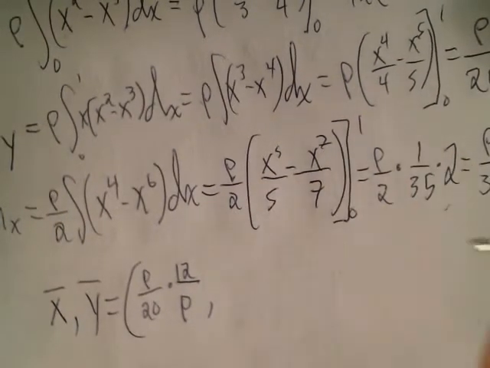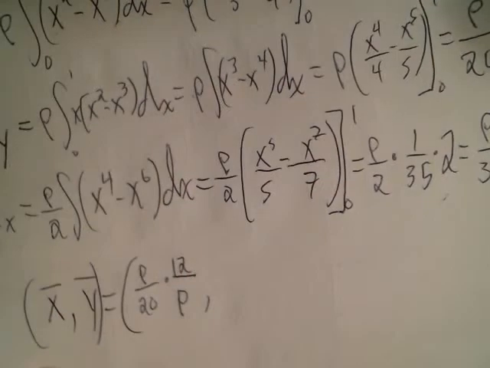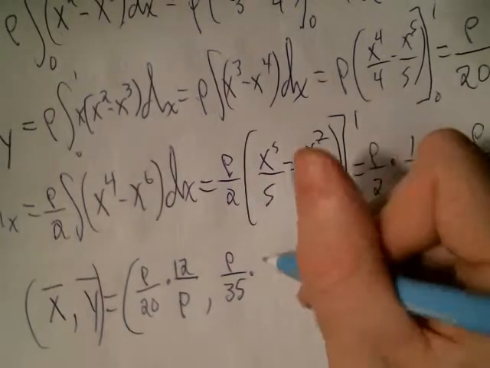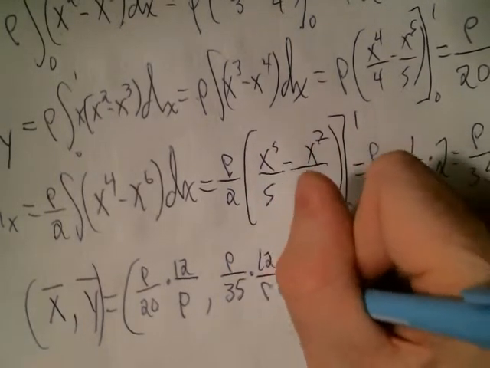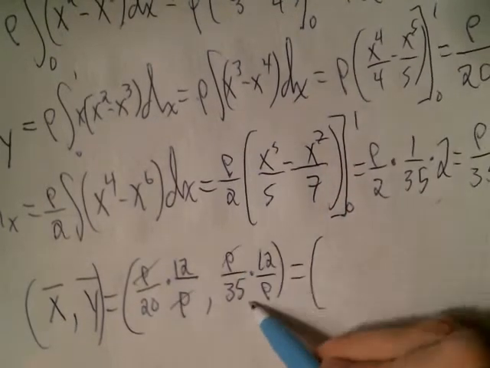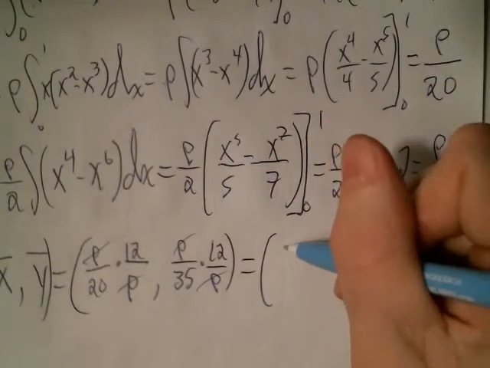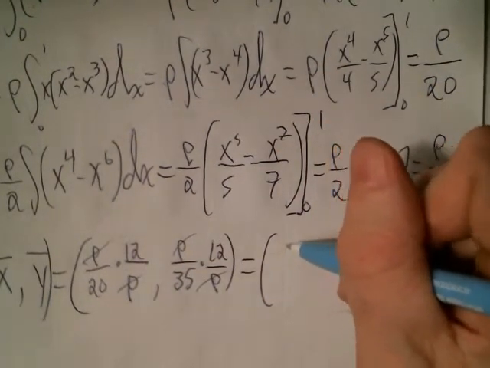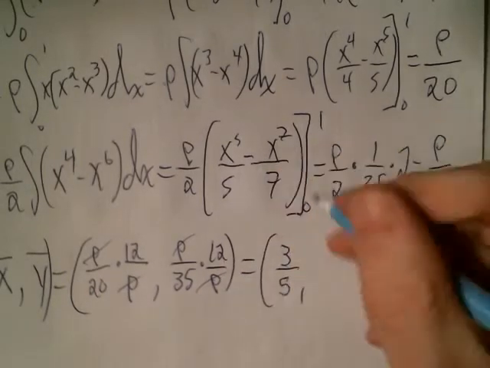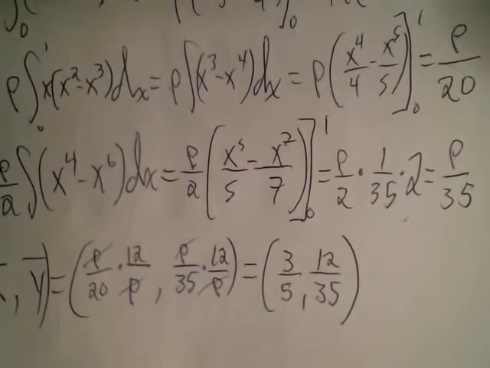And then the moment about the x-axis is rho over 35, again divided by the mass. So multiplying by the reciprocal, the density constants all cancel out. So we have our position is 12 over 20, so dividing top and bottom, it's 6 over 10, 3 over 5, and then 12 all over 35 for our center of mass.